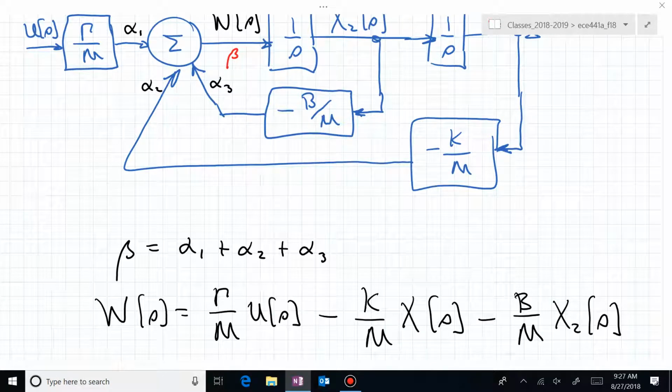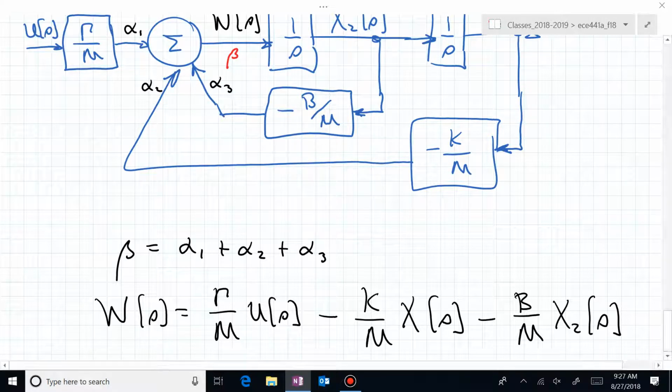Now we need a transfer function, which means we want to find the ratio of X over U, which means we have some extra signals in here we really need to get rid of or rewrite in terms of X's or U's. Now we need to rewrite W in terms of X or U, and X sub 2 we need to rewrite in terms of X or U. Is that clear?